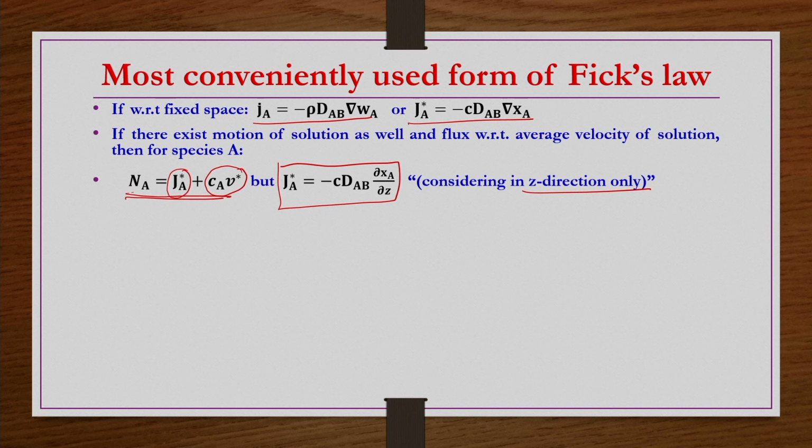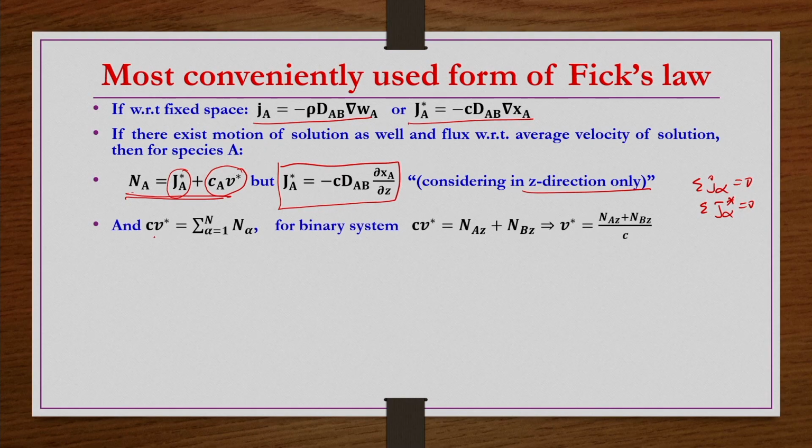So, what we do, let us say if you have a binary component system, with N A and N B, both of them you add together. Then what we understand is sigma j alpha is 0 or sigma capital J alpha star is also 0, that is, the summation of the flux because of diffusion is 0 for all the components if you take the flux of all the components.